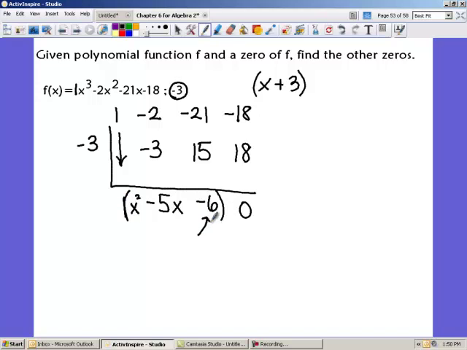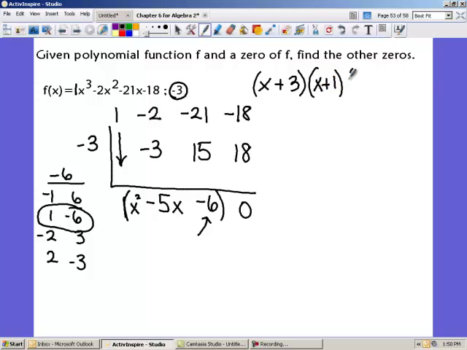We need to find factors of negative 6 and figure out which one of these will add up to negative 5. This one right here will add up to -5. So we're going to write x plus 1 and x minus 6.